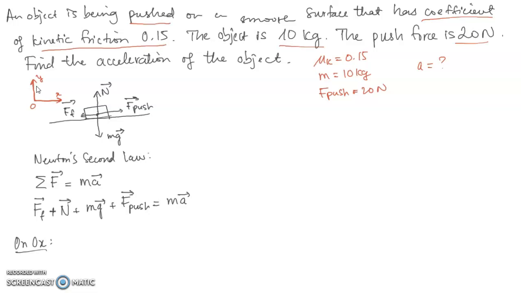On OX, we will look at the horizontal line here. F friction is going opposite the direction of OX, so it would be minus F friction. Then the normal force is perpendicular to OX, so that is plus 0.